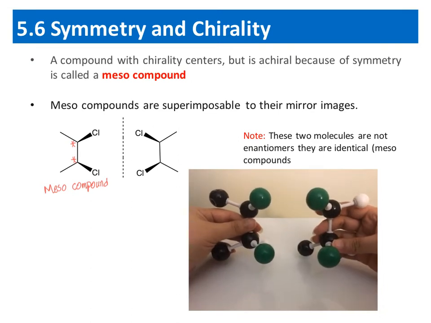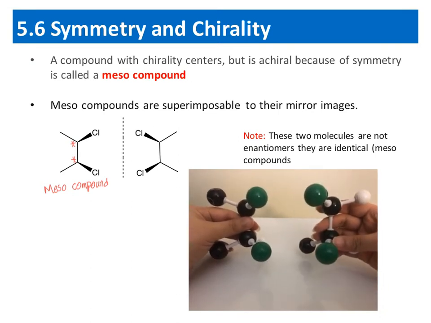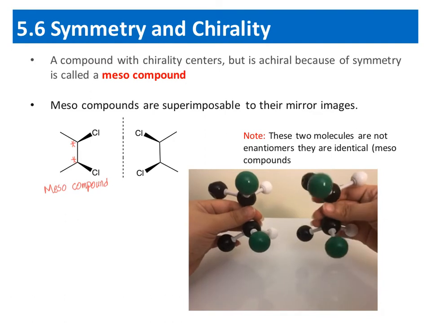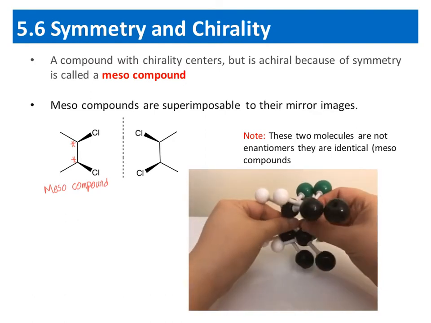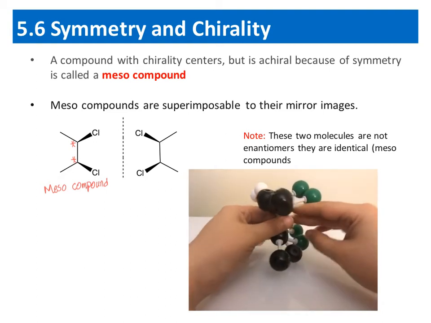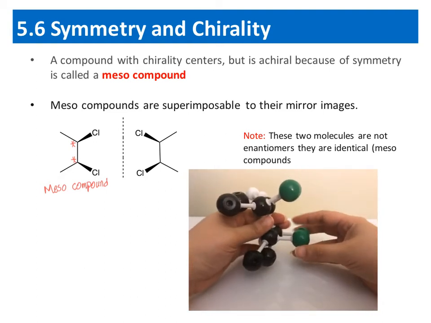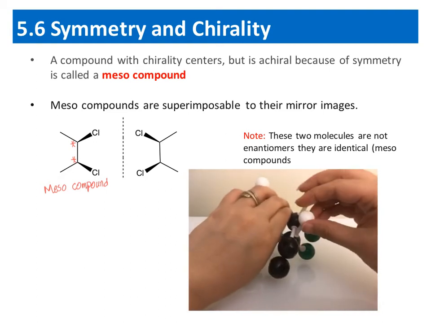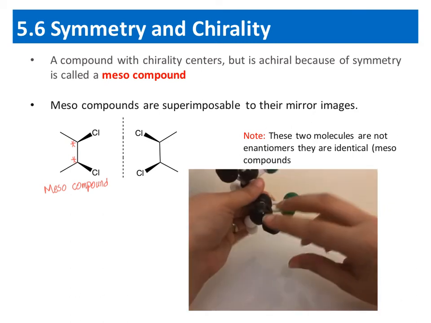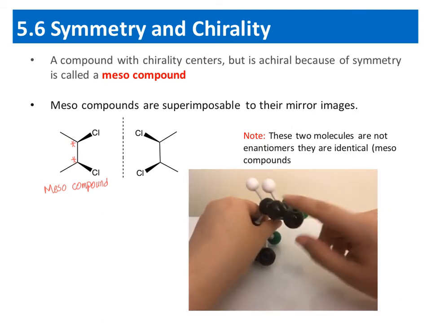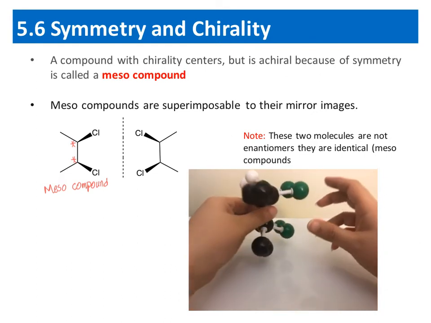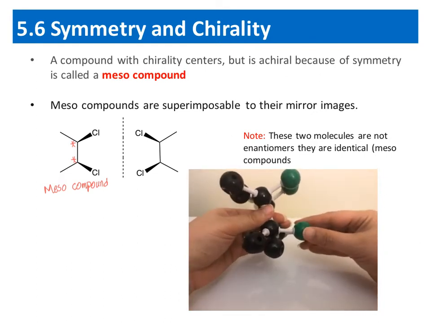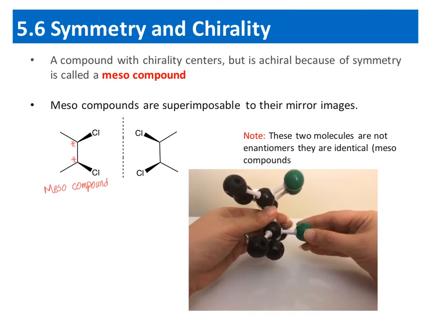Now, if I try to fit them on top of each other, I can simply do that. See? So the chlorines are matching, hydrogens are matching, methyl groups are matching. If you even attach the hydrogens on methyls, they would match as well. So what does this tell us?